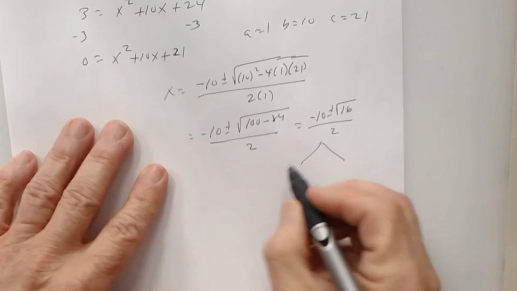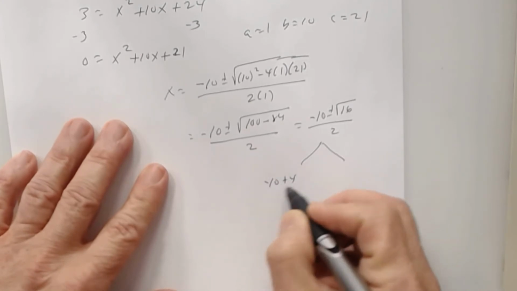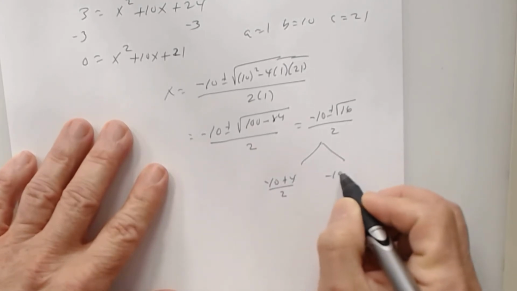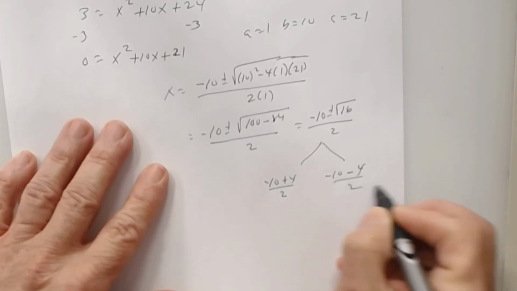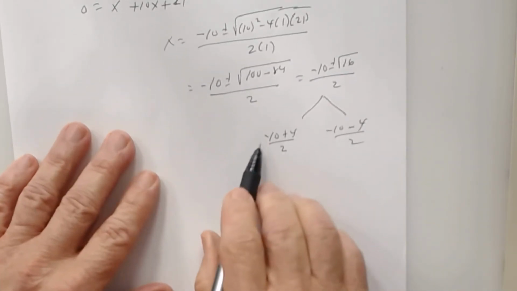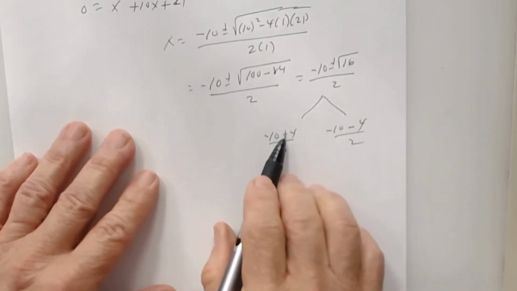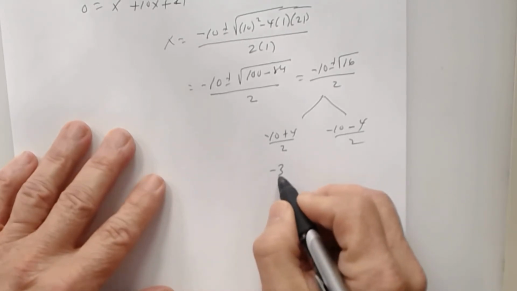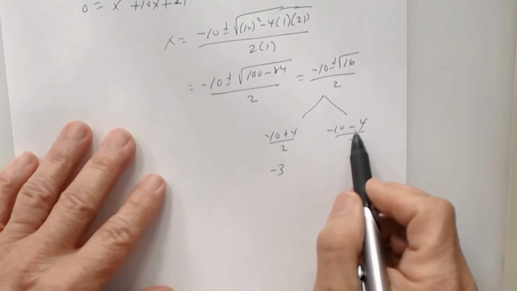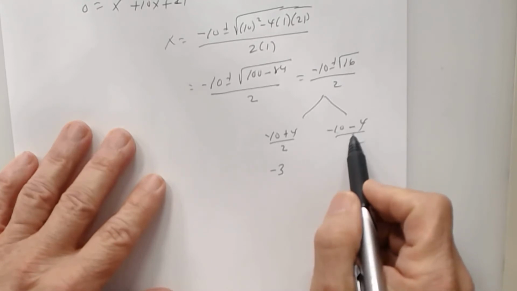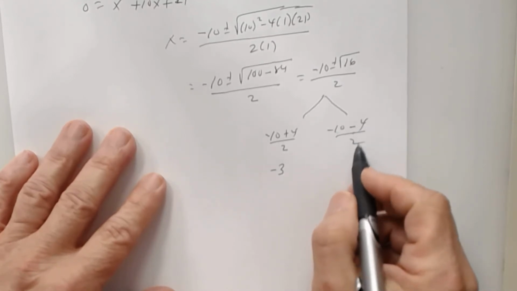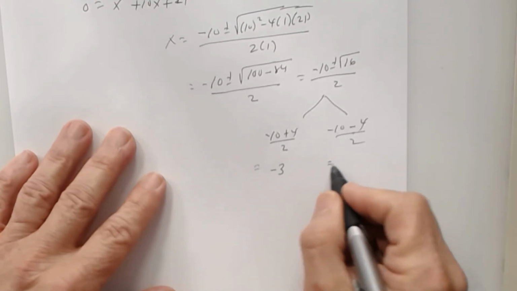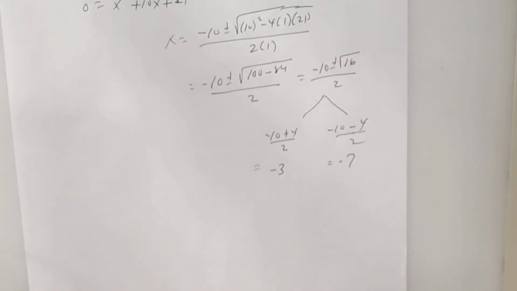So I get negative 10 plus 4 divided by 2, and then negative 10 minus 4 divided by 2. What's negative 10 plus 4? Negative 6. What's negative 6 divided by 2? Negative 3. Okay. What is negative 10 and a negative 4? 14. What's negative 14 divided by 2? Negative 7. All right, so that's where I'm at. Okay? All right.